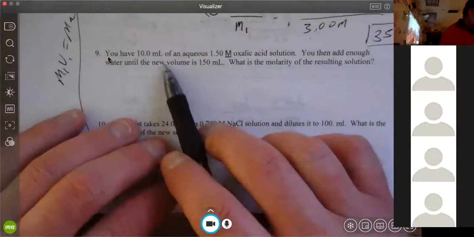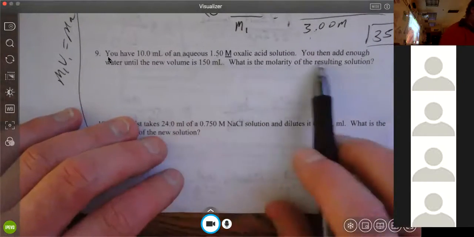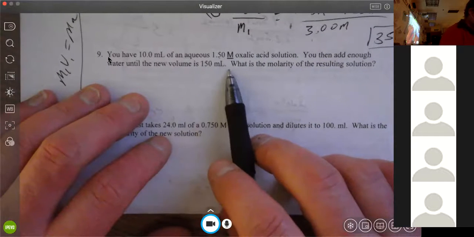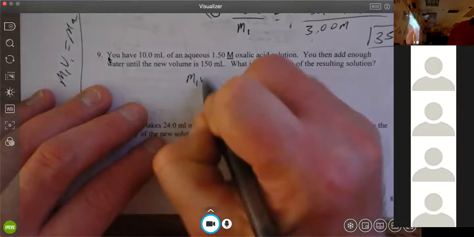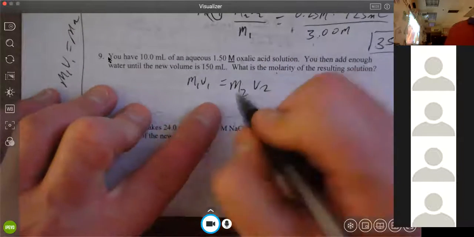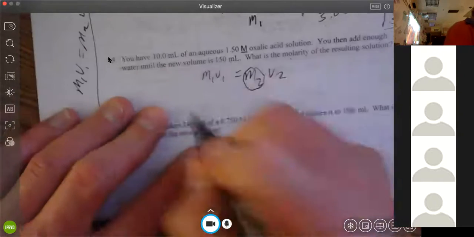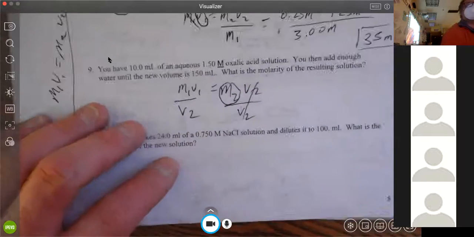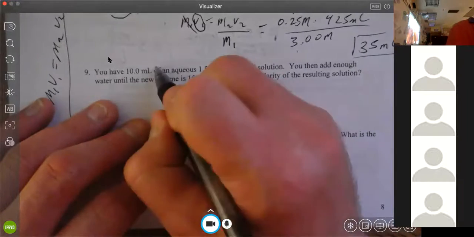Next, when you have 10 milliliters of an aqueous solution, you add enough water to make the volume 150 milliliters. What is the molarity? So we have M1V1 equals M2V2. We are looking for the molarity of the resulting solution, so we need to divide both sides by V2. It cancels out on that side right there. These two go together.